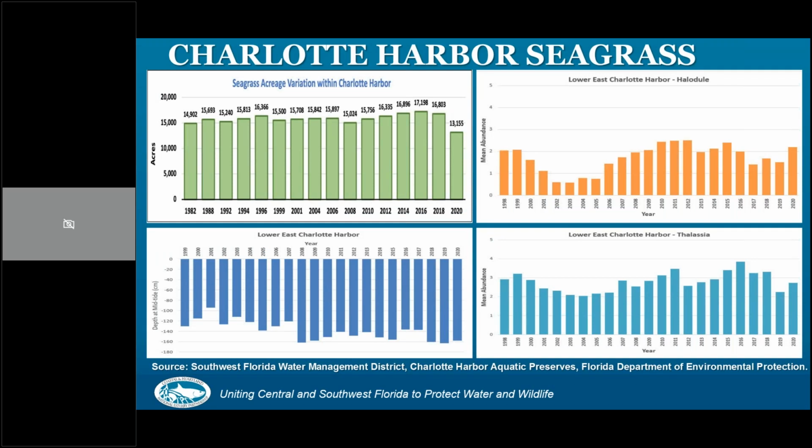And so looking at the Transect data along with the acreage data, you can see here the dramatic acreage loss in that graphic on the upper left. And then we pulled the Transect data from the lower east part of Charlotte Harbor.